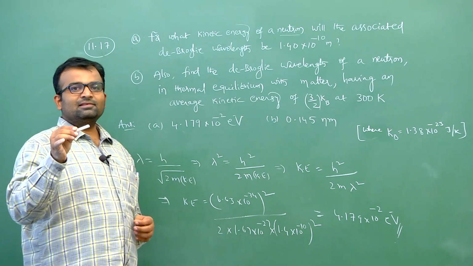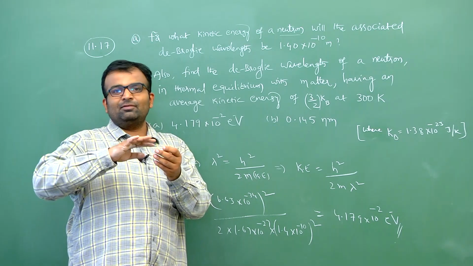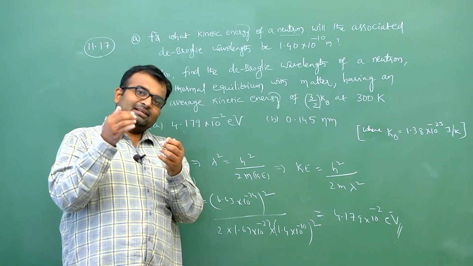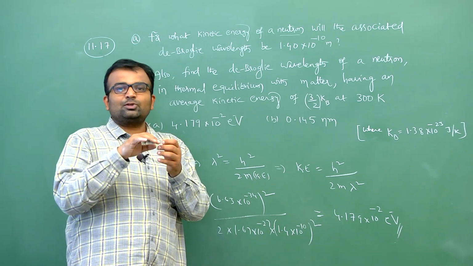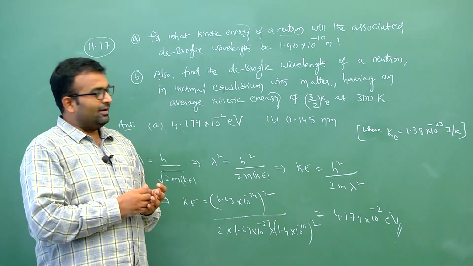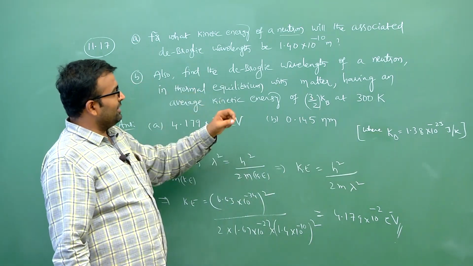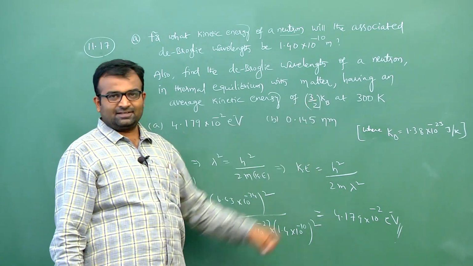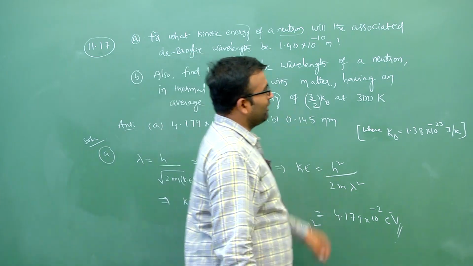When matter is in a room, usually there will be thermal equilibrium with room temperature. Inside the matter, in the subatomic domain, the neutron is also assumed to have the same thermal temperature of the room, that is 300 Kelvin. Assuming that the neutron kinetic energy is equivalent to 3 by 2 times the Boltzmann constant, right? And he is asking us to calculate the de Broglie wavelength.